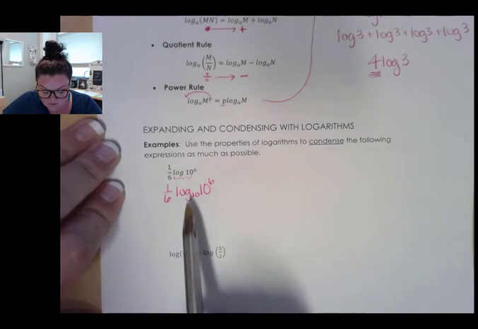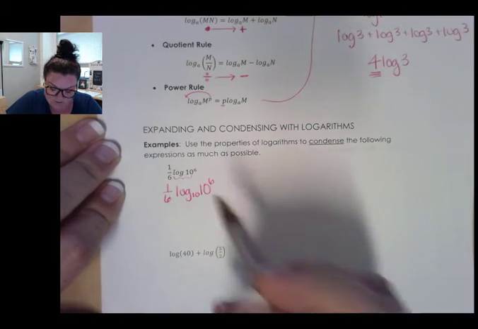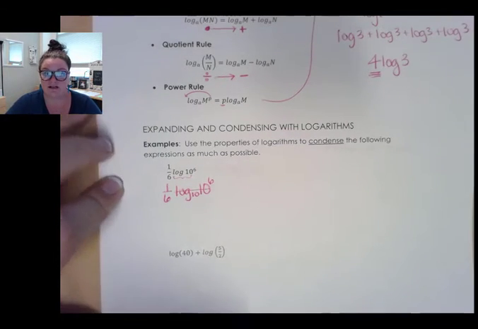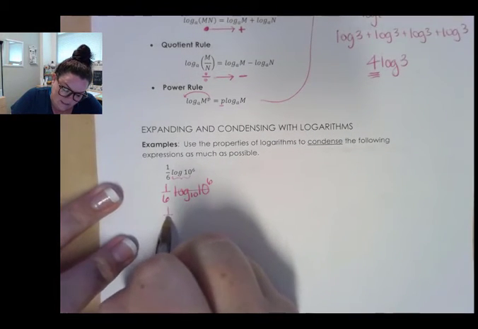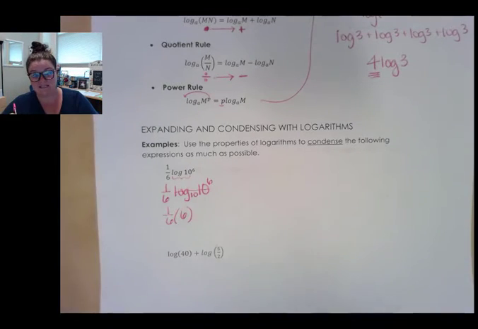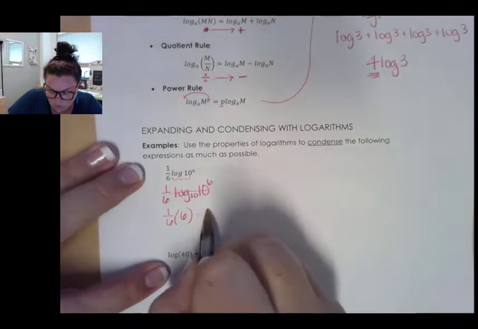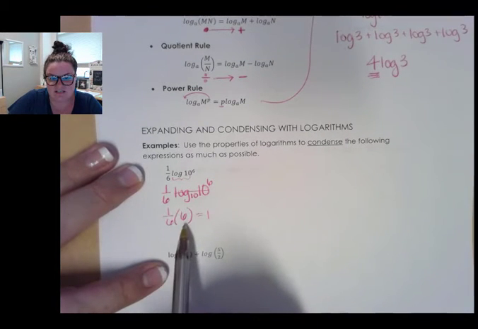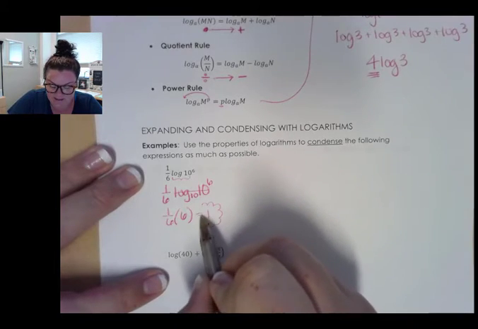And we know that when we have log base 10 of 10, those cancel out, because those are inverse functions canceling one another out. So that leaves me with 1/6 times 6, and 1/6 of 6 is 1. Or you can multiply it and get 6 over 6 and then reduce it down to 1. Okay, so that's one way of working it.